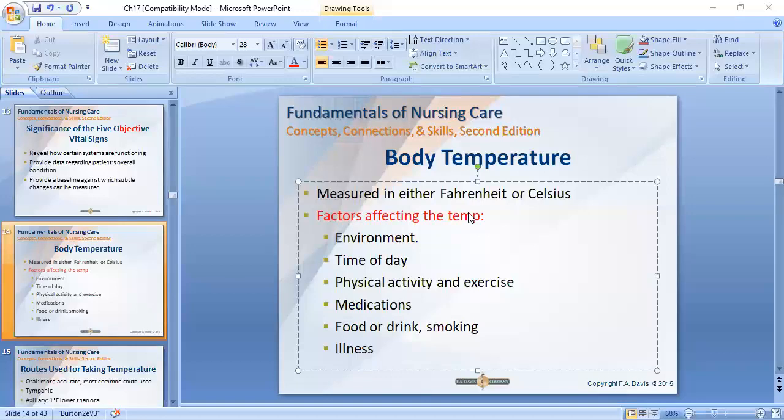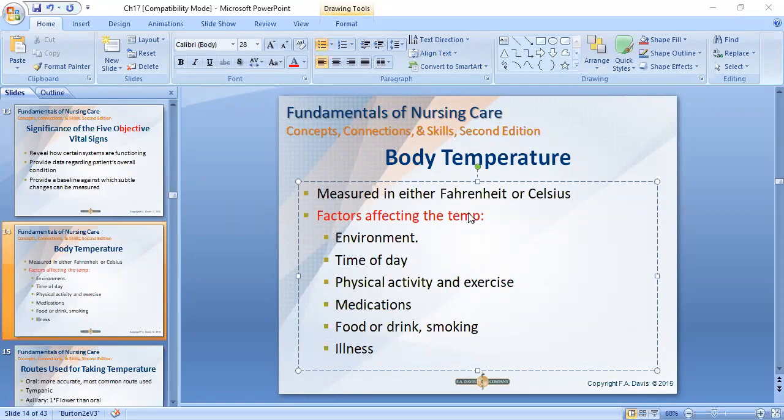And also the time of the day. Morning temperature, evening temperature, and night temperature are not the same, right? Early in the morning, when you get up from sleep, your temperature is lower. So the day variation is also very important in temperature.